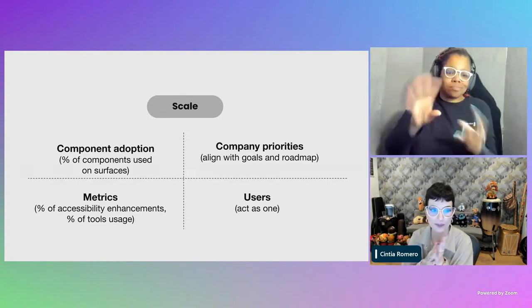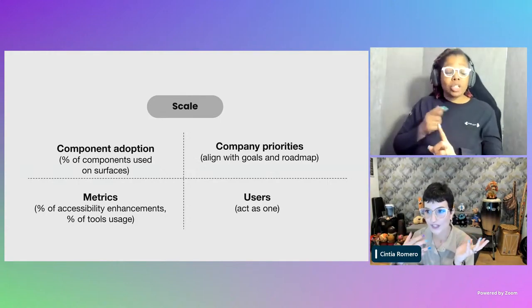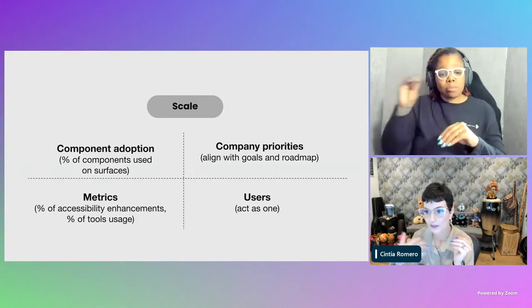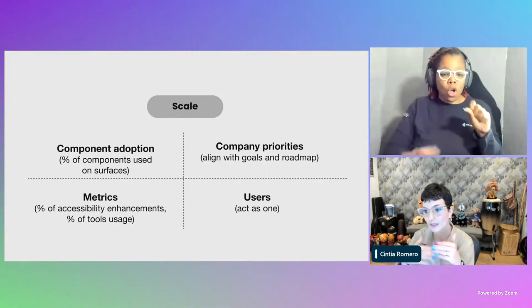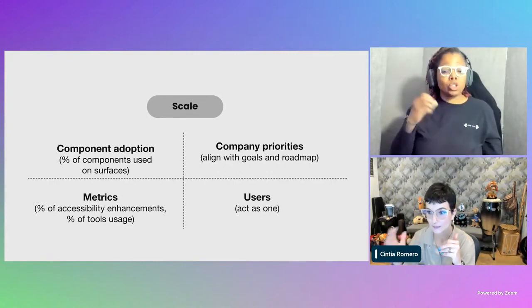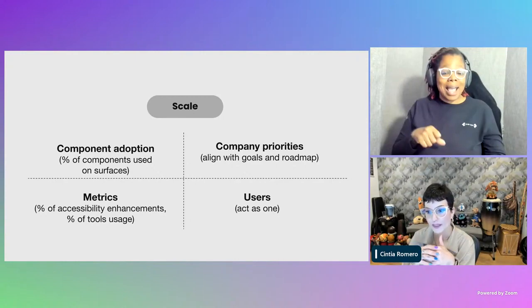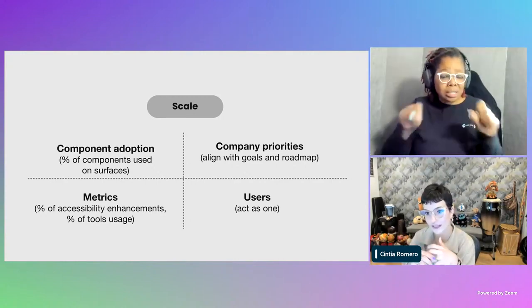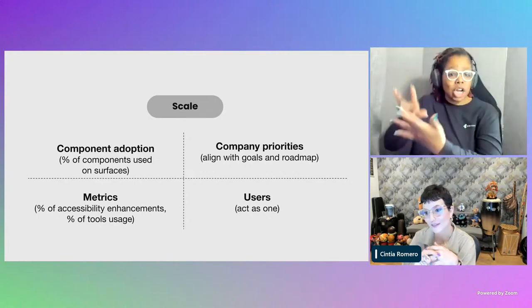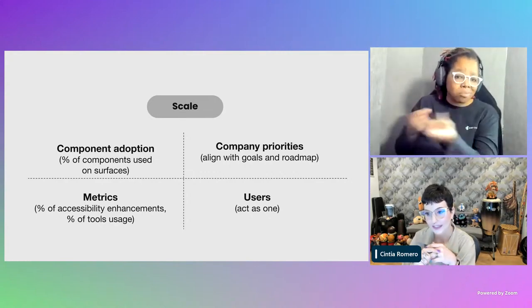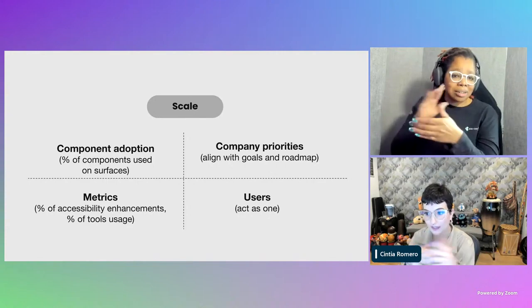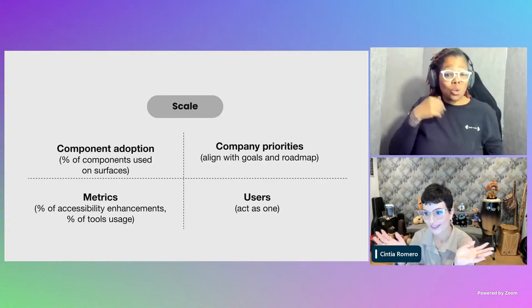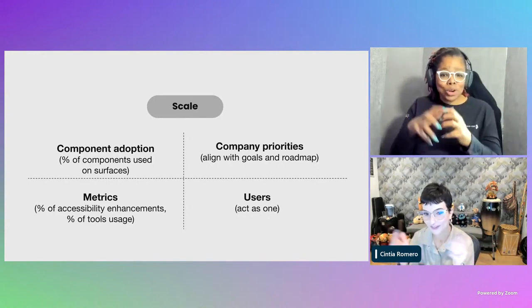In our case, we try to increase the percentage of component adoption across Pinterest, so we can also increase accessibility across design. But let's say you're not part of a design system team. You can still reach out to design systems teams and advocate for accessibility as part of the components. And if you don't have a design system team, you can create one day, why not?